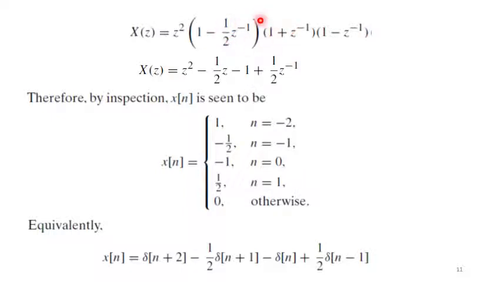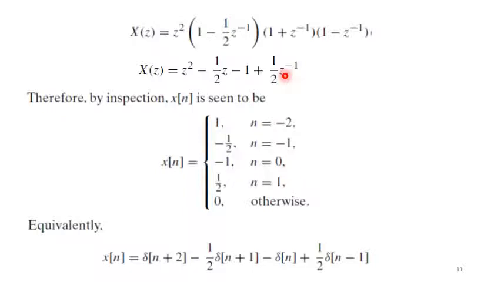By simplification, you just take the product of all these, so we get something like this: z^2 - 1/2 z - 1 + 1/2 z^-1. So this Z transform consists of only how many terms? 1, 2, 3, 4 terms, right? So it's easy to use the power series expansion to find the time domain signal for this.